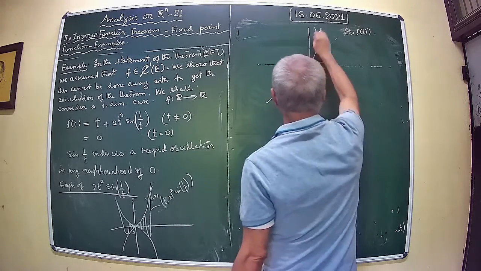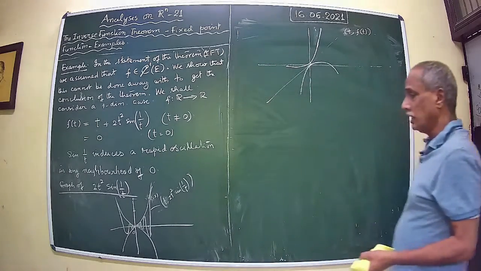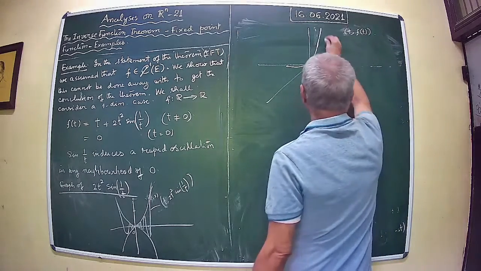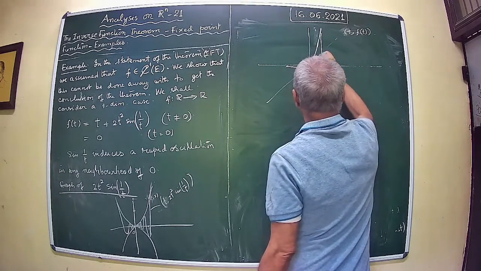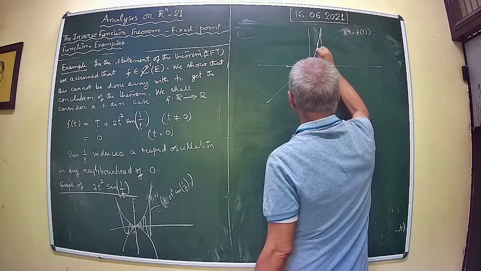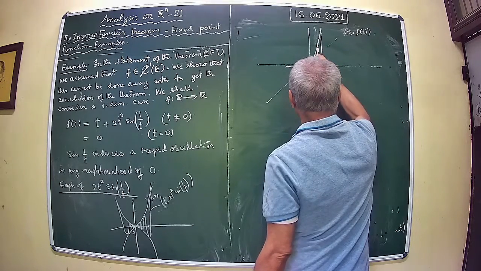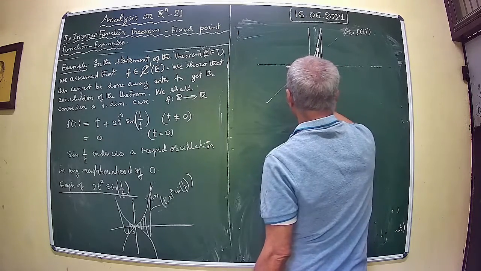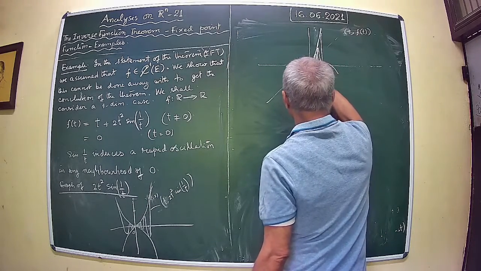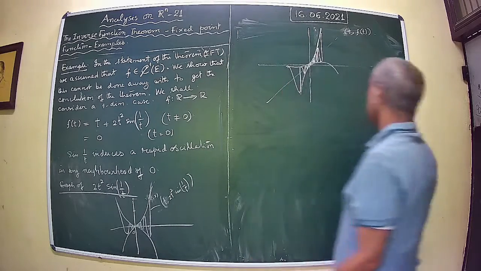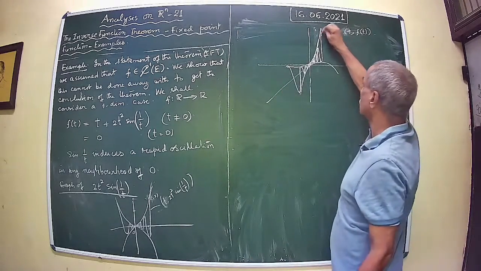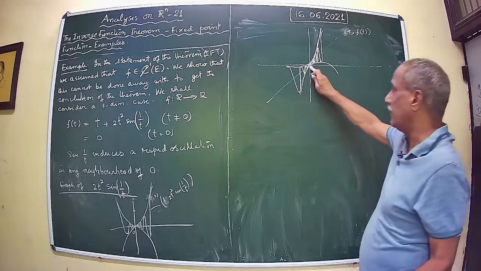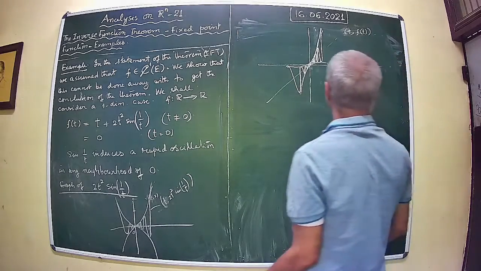I have drawn t plus 2t square and t minus 2t square here, and similarly this is the graph of the function. It oscillates rapidly here. So this is the graph of f of t.